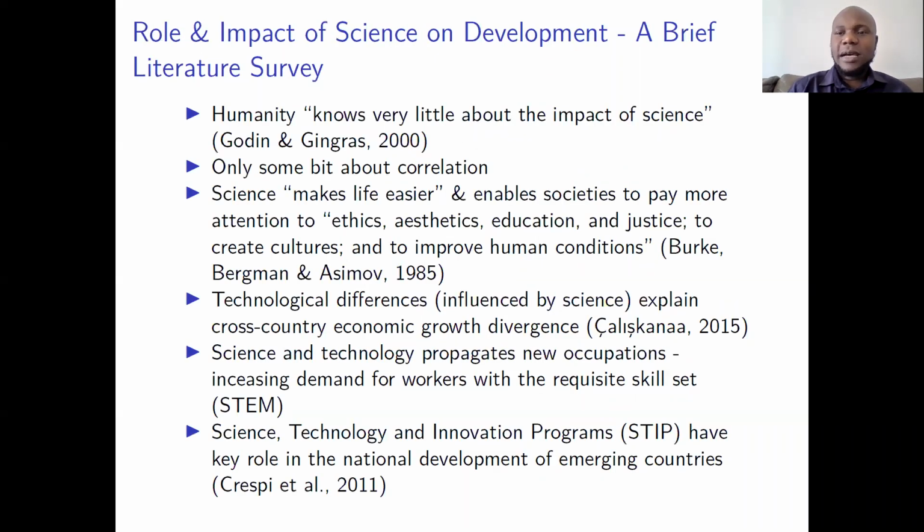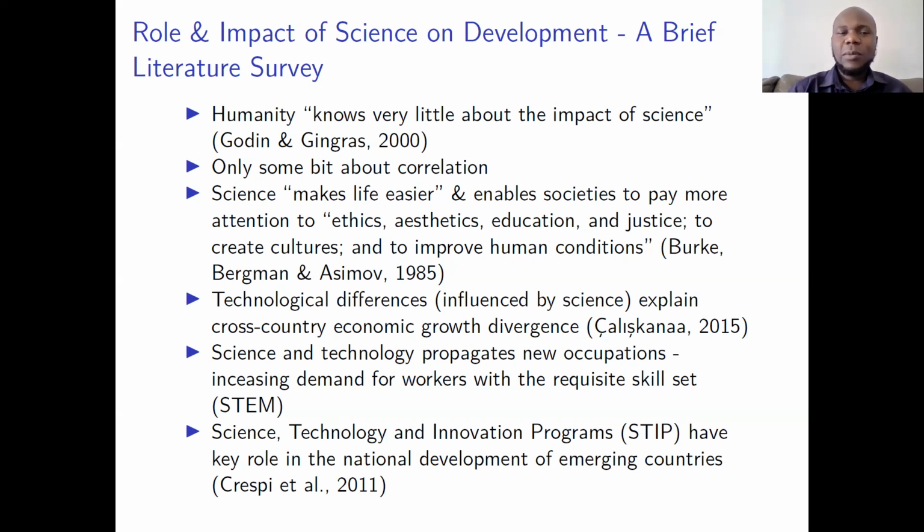This is just some brief literature overview regarding the importance of science on development. According to Gordon and Gingras, humanity knows very little about the impact of science. Maybe we can say something about correlation or association, but not necessarily causality. Science makes life easier.